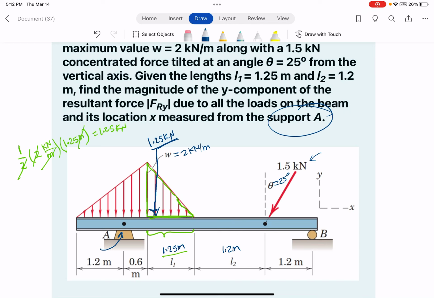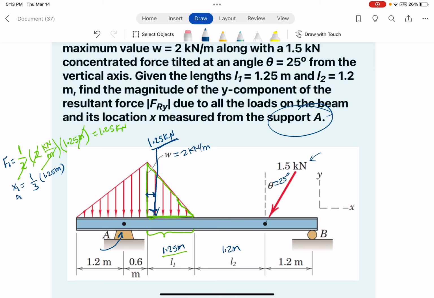So what is 1/3 of 1.25? This is the distance of the first load. Let's just call this one F1. X1 from point A is equal to 1/3 of 1.25.